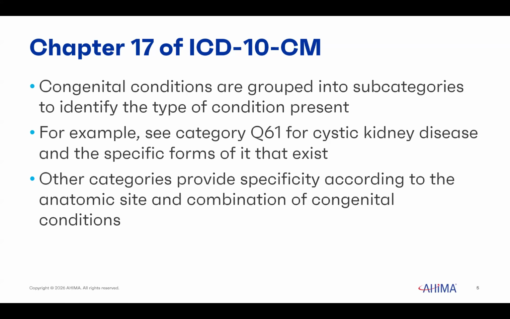And sometimes they identify other specific variations of the congenital anomaly. The more specific information the provider puts forth in the documentation, the more specific the code selection can be.